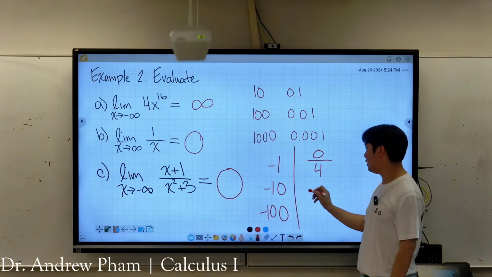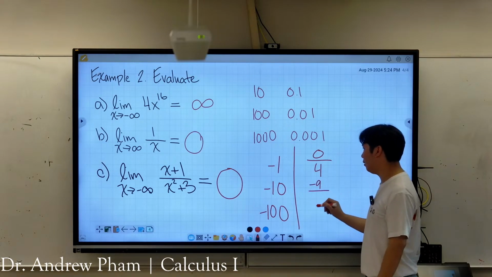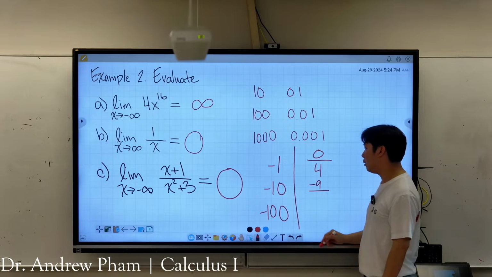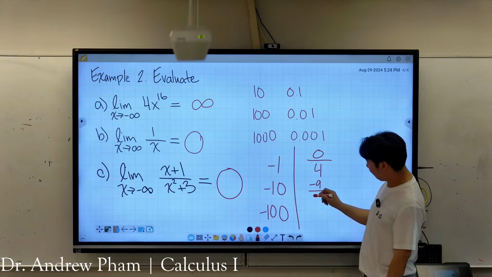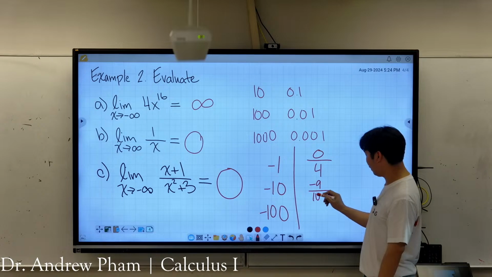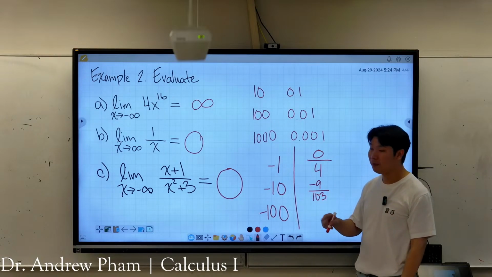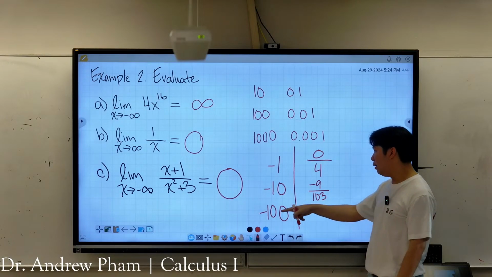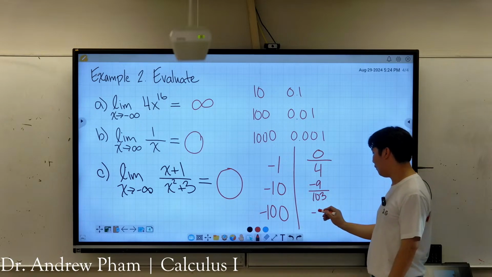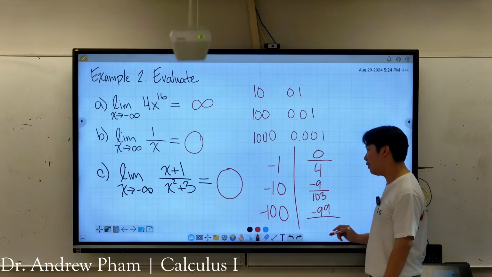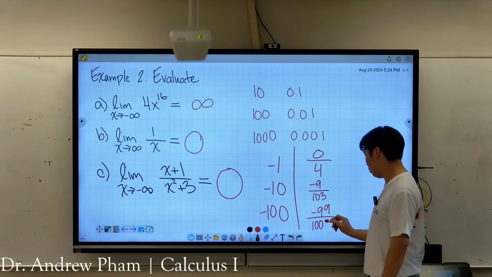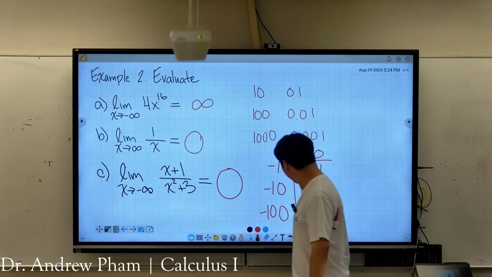If I plug in negative 10, I'll get negative 9 over 103, right? Negative 10 squared, we get 100 plus 3. Down here on the bottom, we get negative 99. What's negative 100 squared plus 3? We get 10,003.